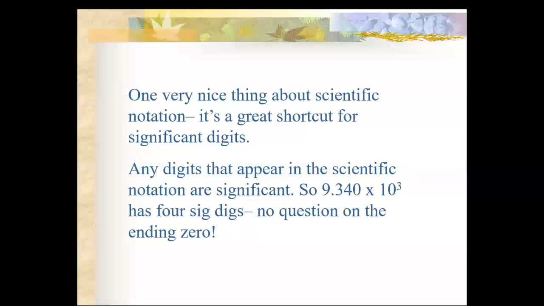That might have been written in standard notation as 9340, but in that way, the 0, you don't know whether it's significant or not, but if you write it like this, you know that it was 9340 with a decimal point right. It was 9340, period, and the uncertain digit was the 0 at the end.